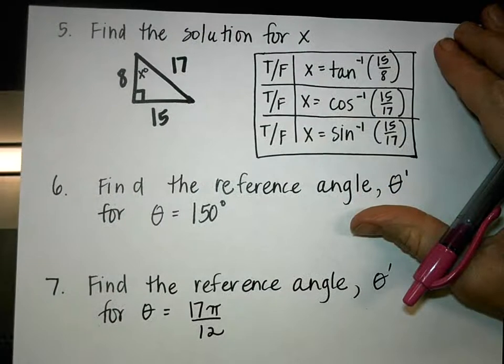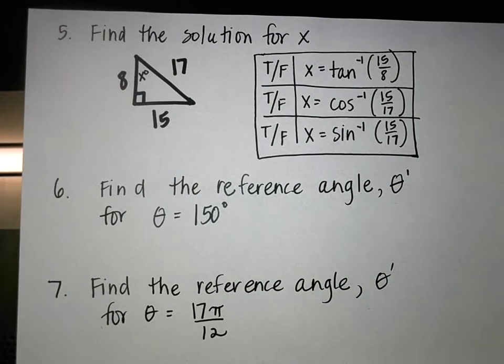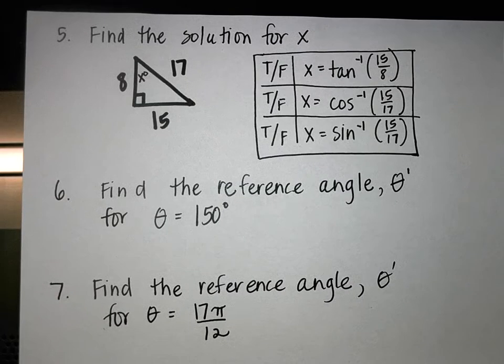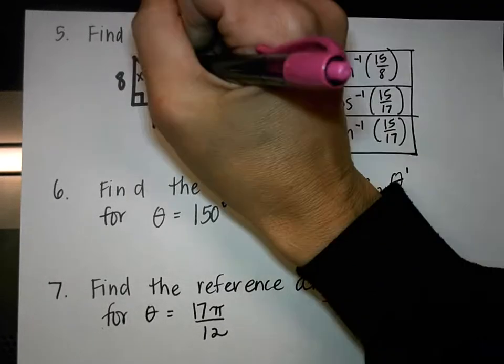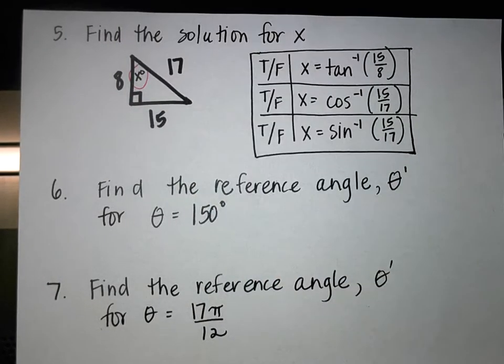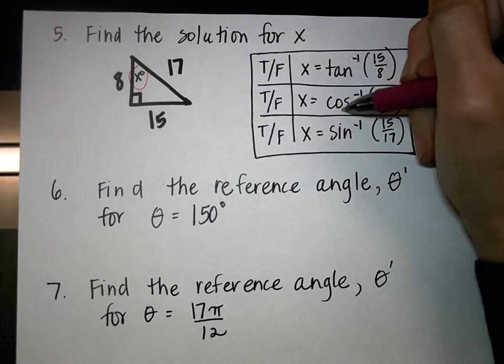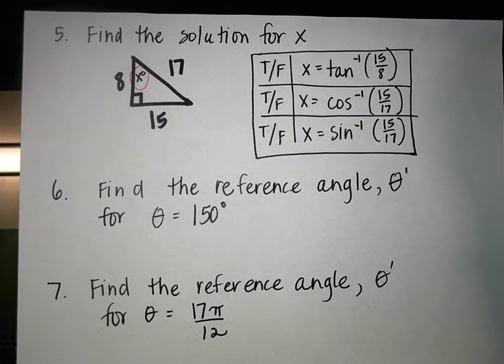Next, it states to find the solution for x. And so this is kind of similar to number 1 that we did back there, but this time we're trying to find the degree. If you look here, we have tangent, cosine, and sine.